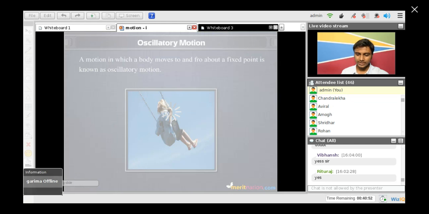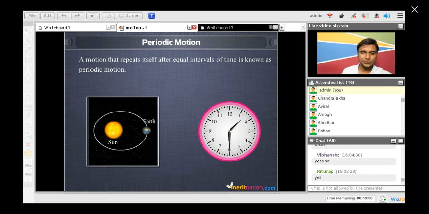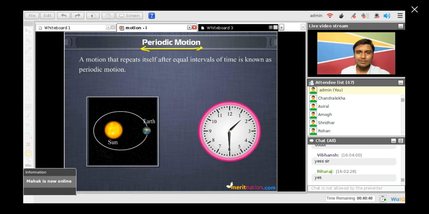Now let's move ahead and talk about periodic motion. What is periodic motion? Periodic motion is the motion which repeats itself after every interval. Oscillatory motion is a type of periodic motion. One example is Earth and Sun.